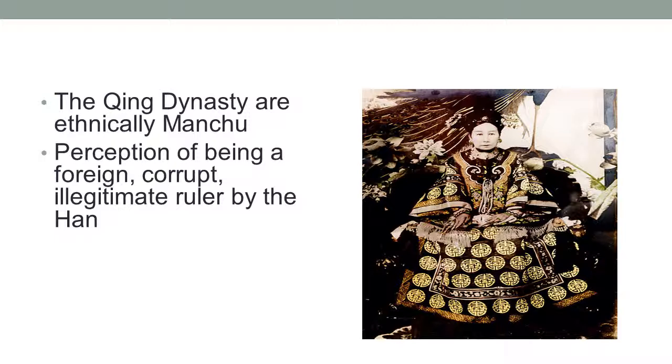And so as Manchu, they are perceived as being foreign, and that foreignness is closely connected to the corruption of the state apparatus, and they are illegitimate rulers. So that lack of legitimacy, the basis of which is the perception of their foreignness, means that they have increasingly greater difficulty in controlling the country.